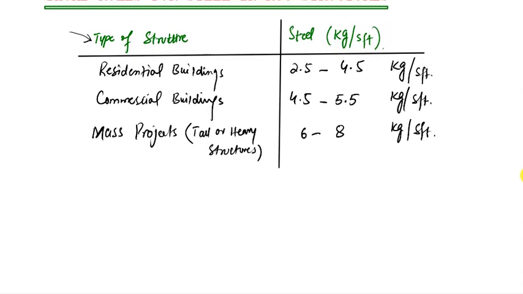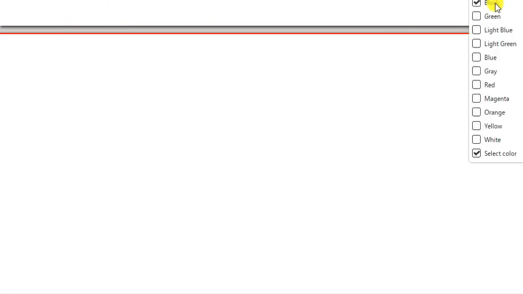The previous discussion was based on the type of structure, and now we will discuss on the basis of structural elements. Structural elements include slabs, beams, columns, footings, right?